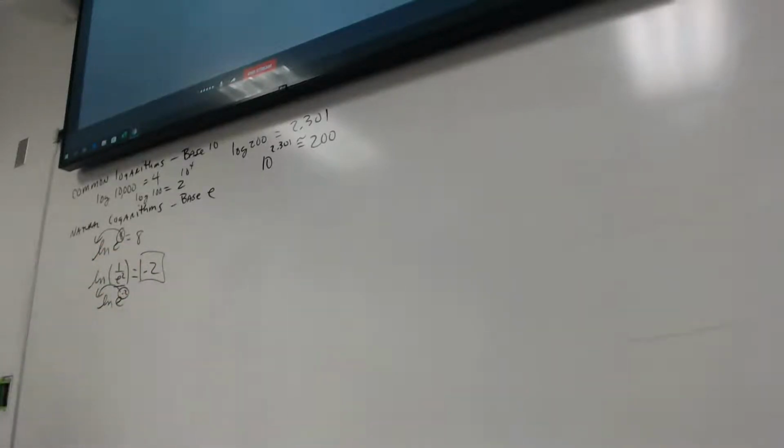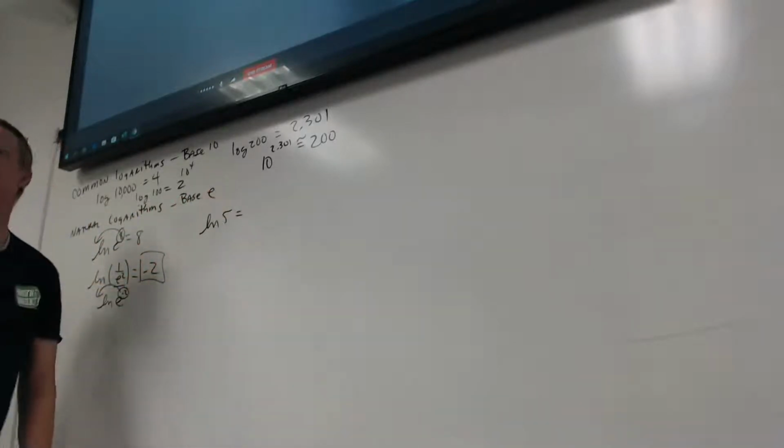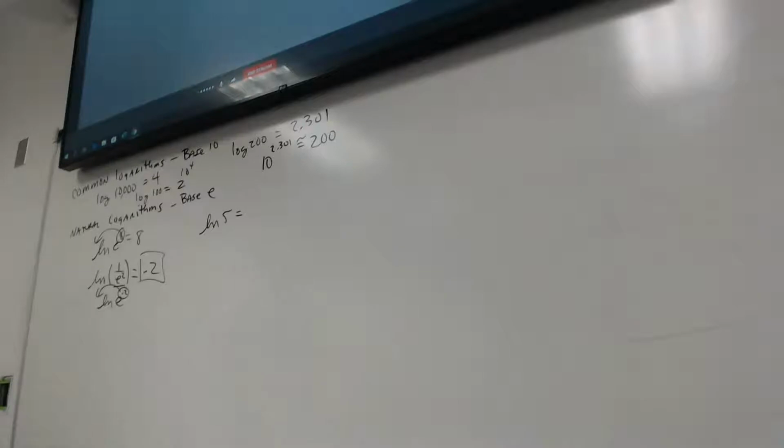Okay? So you need to practice. You should get these super quick. How about the ln of 5? Michael can do that one in his head. I was teasing. Who's got their calculator out?